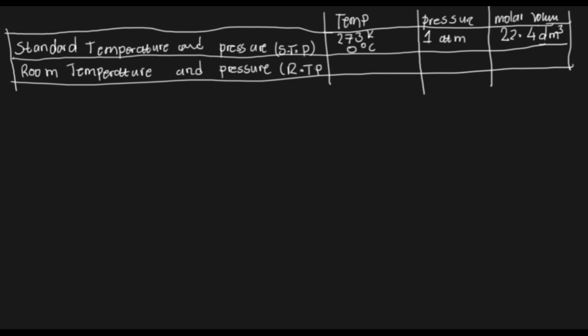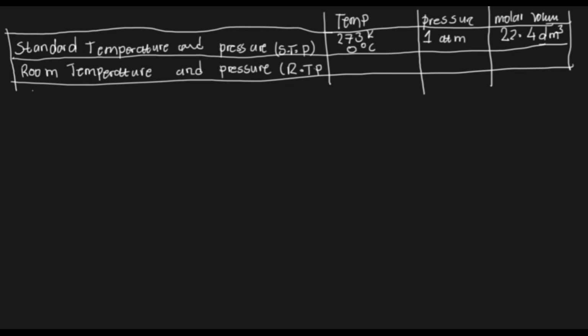So that is the condition. So whenever you have a question where you have maybe given a question, calculate the number of moles of a given gas. Maybe if the question is under STP, you need to know that the molar volume is 22.4.